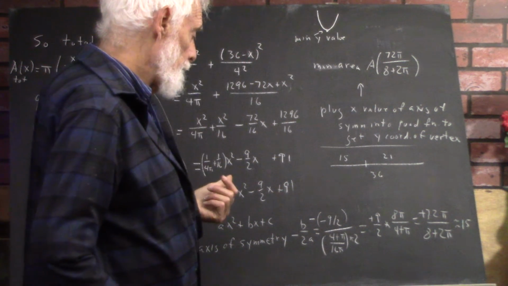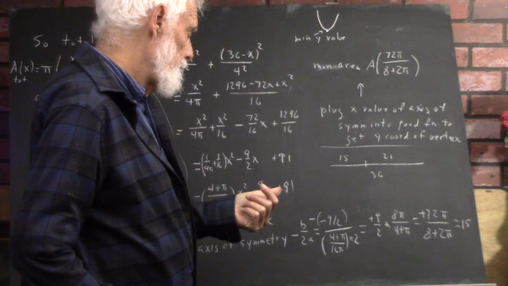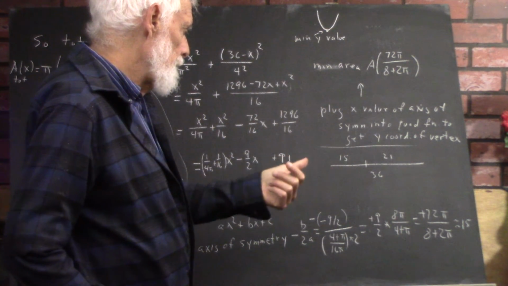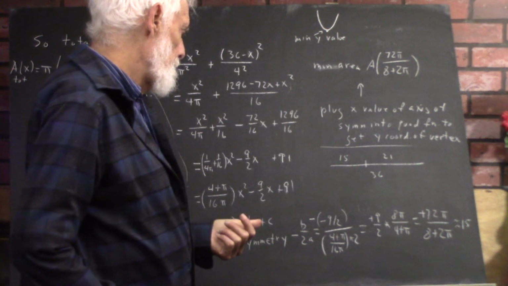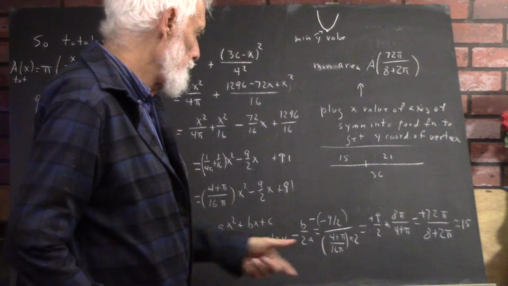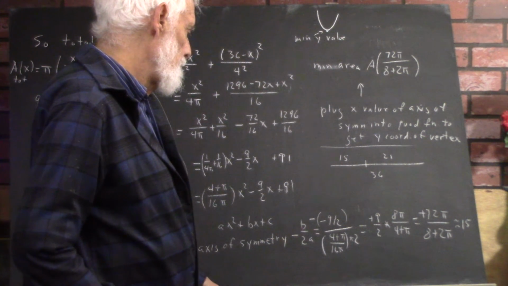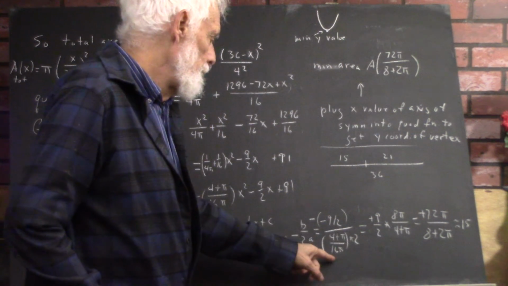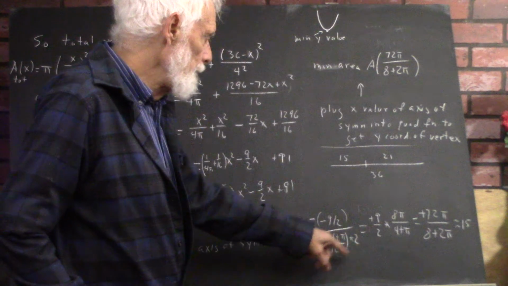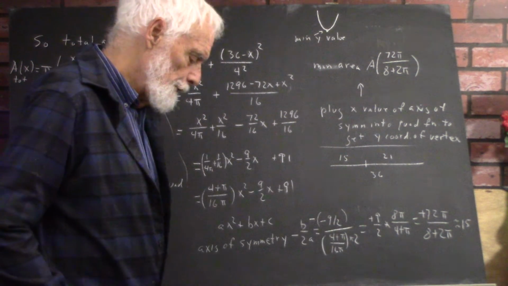We have a 4 down there, and the 16 becomes 9 halves, and we've got 8 pi over 4 plus pi. Okay, I didn't do anything with the 2 except, yeah, 2, okay. 16 divided by the 2 gives us 8, that gives us our 8 pi, reciprocal of the denominator over 4 plus pi.